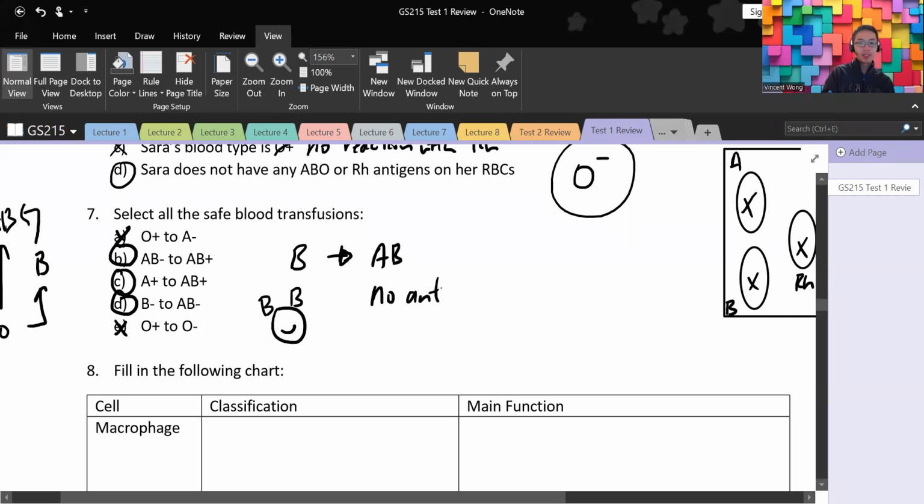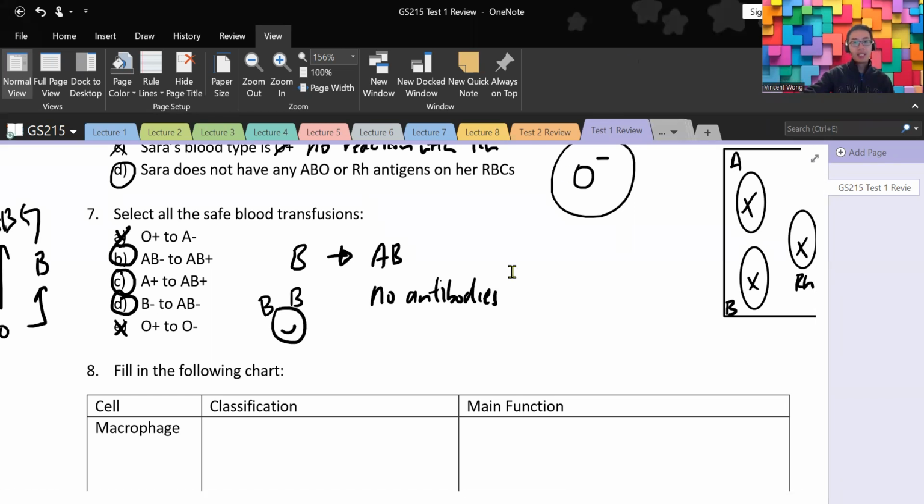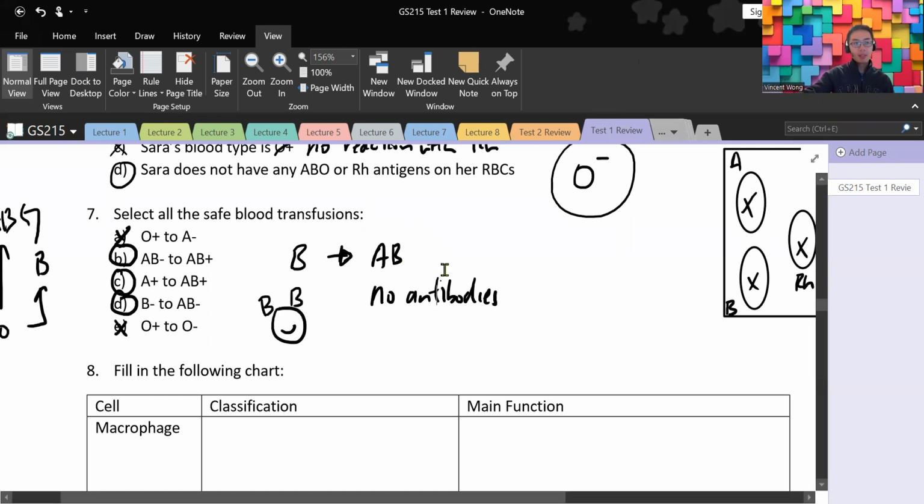No antibodies for someone who's AB, because you cannot have anti-A, you cannot have anti-B. Otherwise, you would start attacking yourself, right? So because there's no antibody for someone who's AB, it is okay for this transfusion to occur, right? No antibody is going to react against the B on the red cells. Does that answer your question? Got it. Okay. All right.